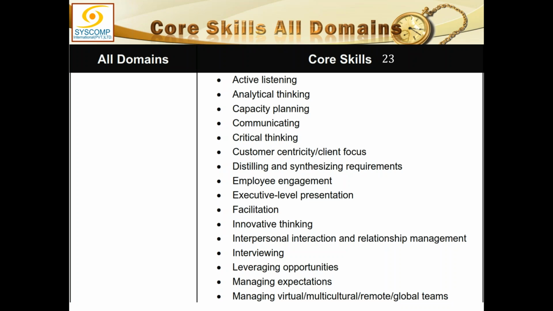Then we have a list of 23 core skills also for program managers. And you might have seen this list before in PMP also.